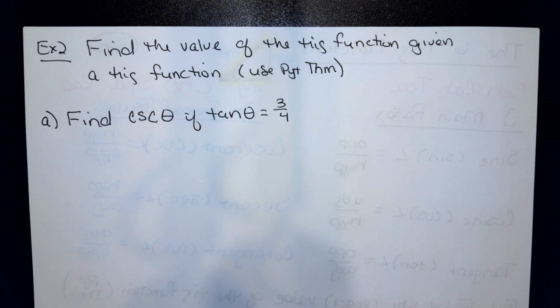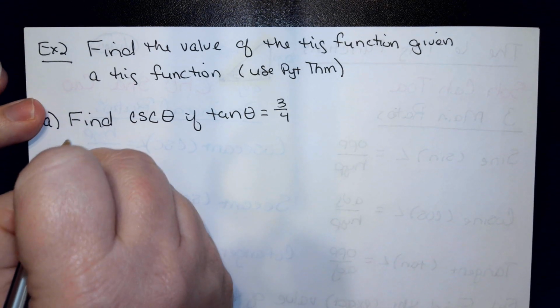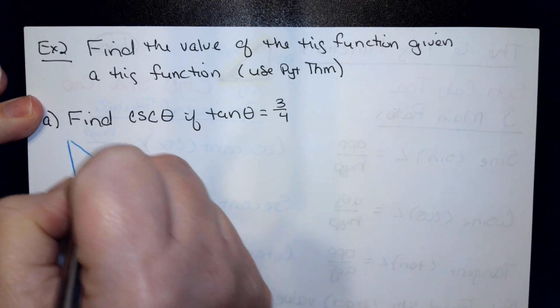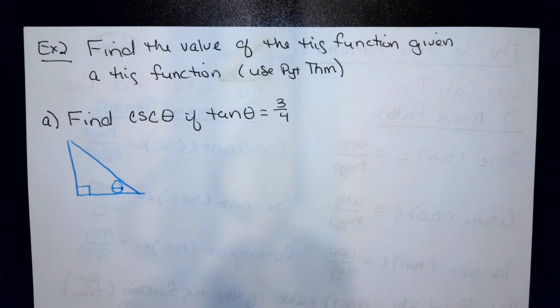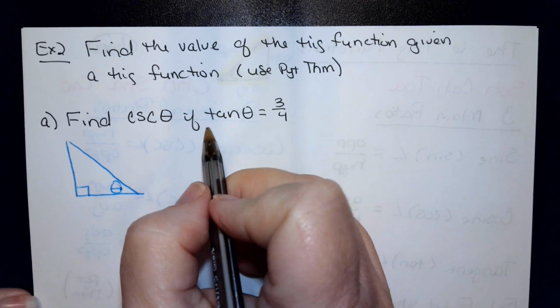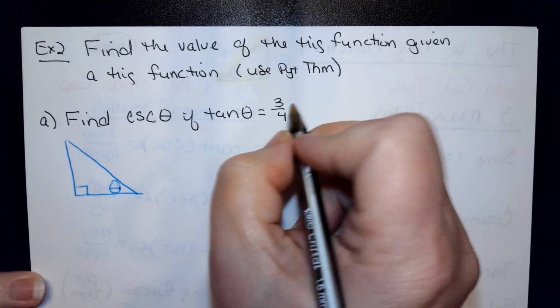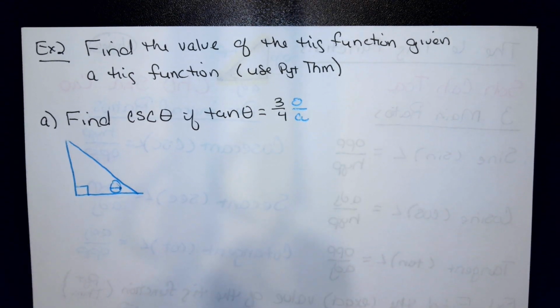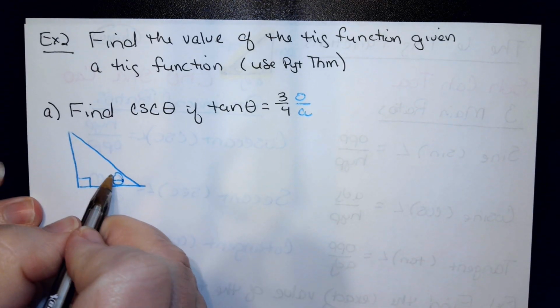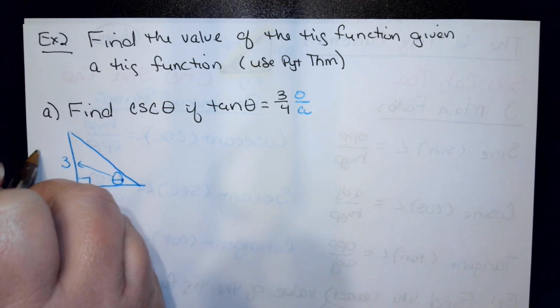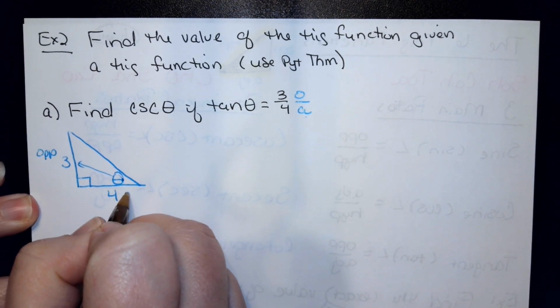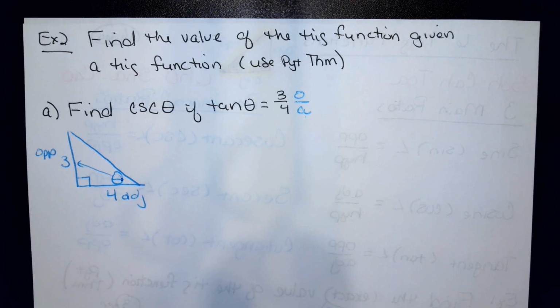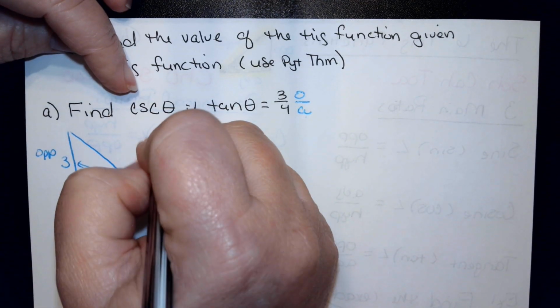We know that we're working with right triangles, so you're just going to draw a right triangle, and let's pick this one to be theta. What they are giving us here is tangent, and we know tangent is opposite side over the adjacent. So they're telling you the opposite side is 3, and the adjacent side is 4. And now they want us to find the cosecant.